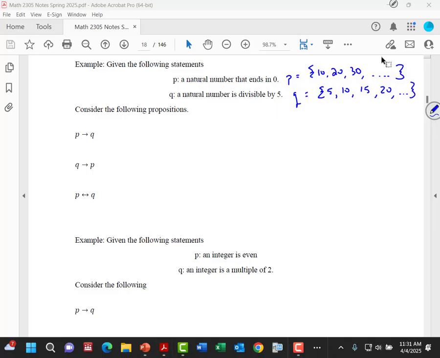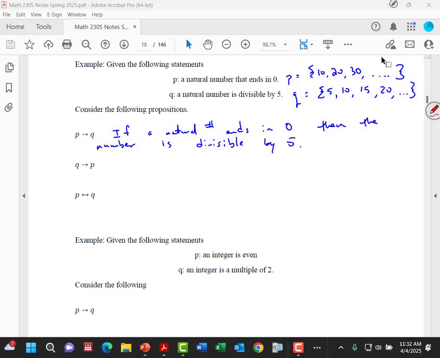So let's take a look at this first conditional statement. If P, then Q. So if a natural number ends in 0, then what's statement Q? The number is divisible by 5.